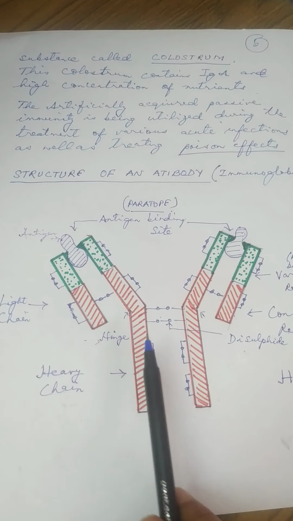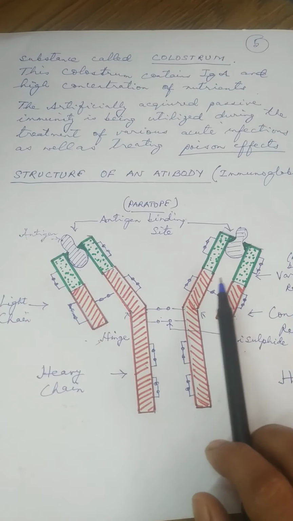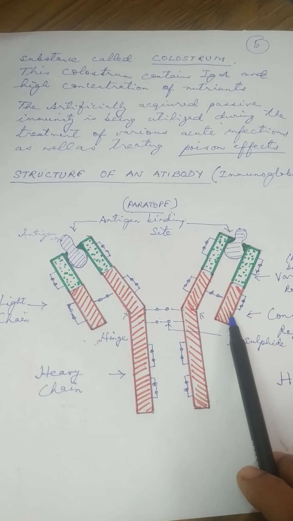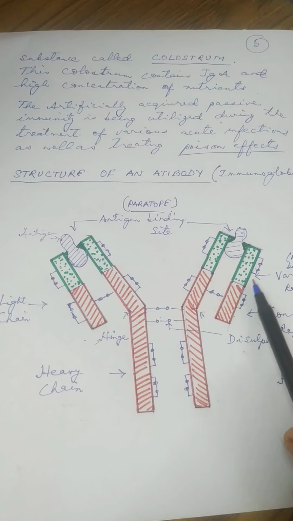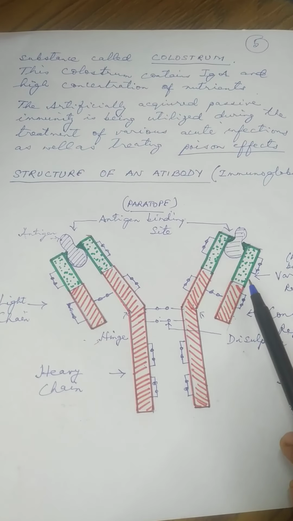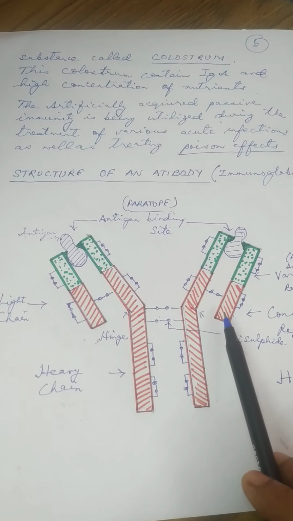Now I have also explained that each polypeptide chain consists of 2 parts, the upper part and the lower part. This upper part is the anterior part, the lower part is the posterior part.